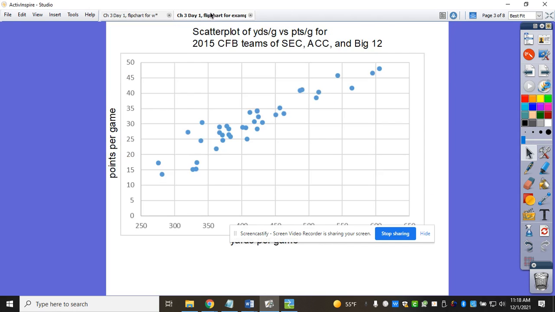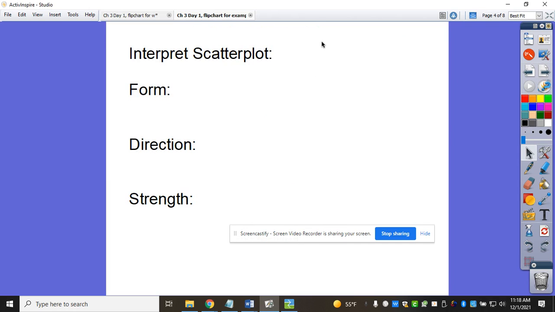So let's go to our example and keep writing some things here. Interpret the scatterplot. What is the form of our scatterplot that we just made? Linear.